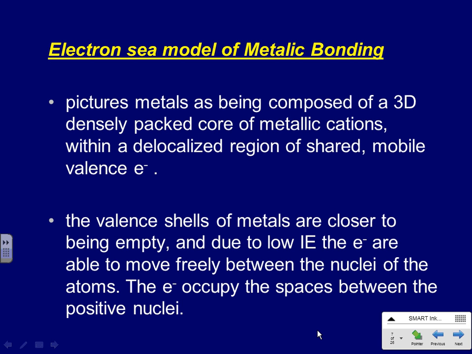Localized means it cannot move beyond its local region. A bond that's made up like this of all of these outer shells that are overlapping results in what we call a delocalized bond. It's as if it creates one massive bond where the valence electrons from all of the atoms can exist.